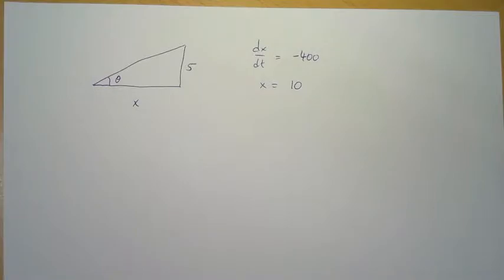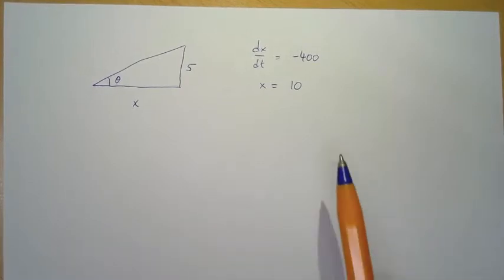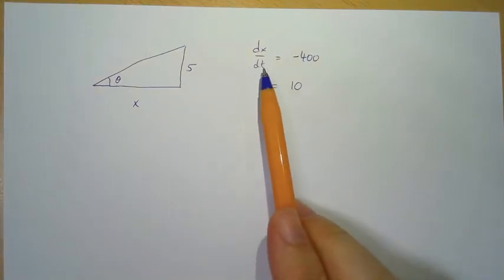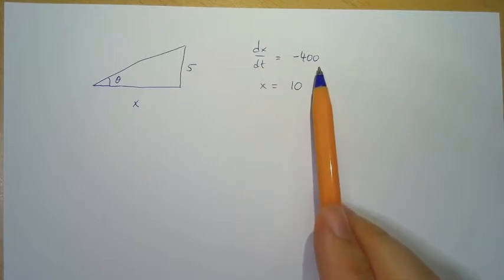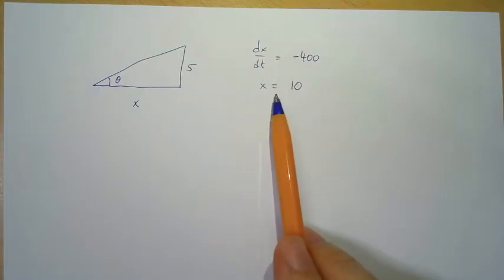Here's a sketch of the situation. We have x, we have theta, we have a height of 5. I didn't put any units for the moment. The speed is 400, so the velocity is negative 400. We write dx dt equals negative 400. x equals 10.